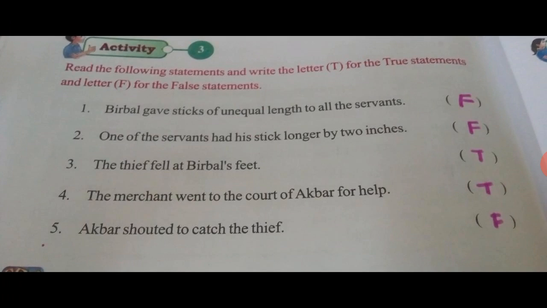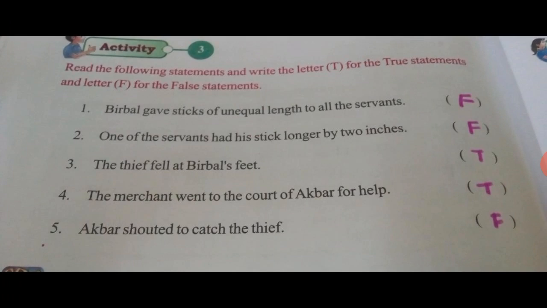This statement is false. One of the servants had his stick shortened by 2 inches. That was the correct statement. So this is false. F. Third one. The thief fell at Birbal's feet. This is true. So, write T.